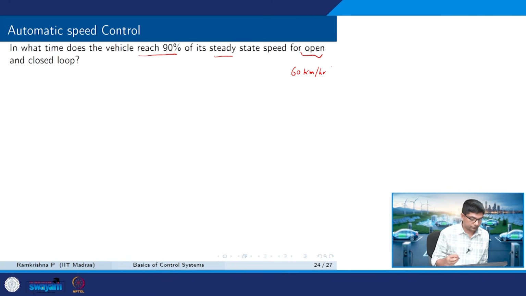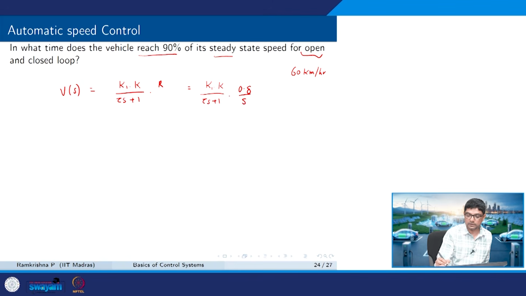Okay. Now, just because I am looking at the transients now, I will actually add the proper model times R, right. So this will be K1 K over tau s plus 1, R was 0.8, the Laplace transform of that becomes 0.8 by S. I do the inverse Laplace transform, again I will skip these steps here, but we will try to understand what it means.